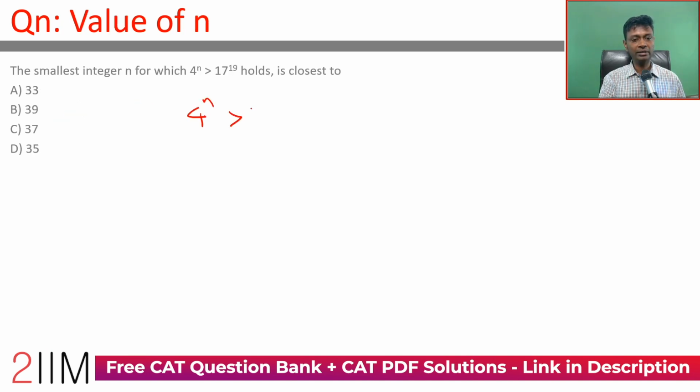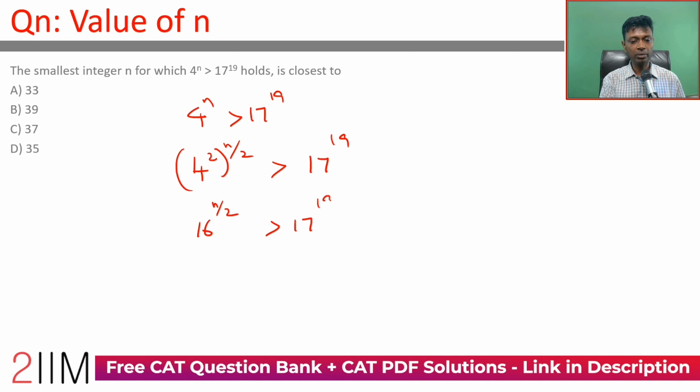4 power n is greater than 17 power 19. I'm going to write this as 4 square power n by 2, so 16 power n by 2 is greater than 17 power 19. We want to find the smallest n.